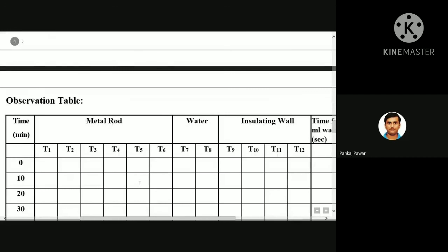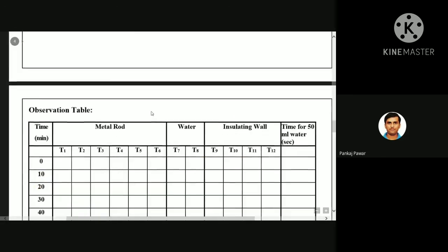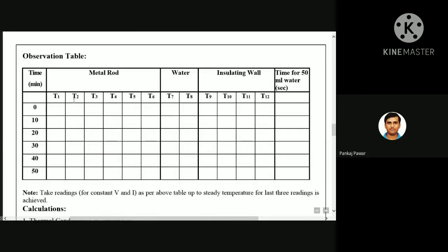So now this is the observation table for this particular experimentation. Here you can observe the metal rod surface temperatures, that is T1 to T6.